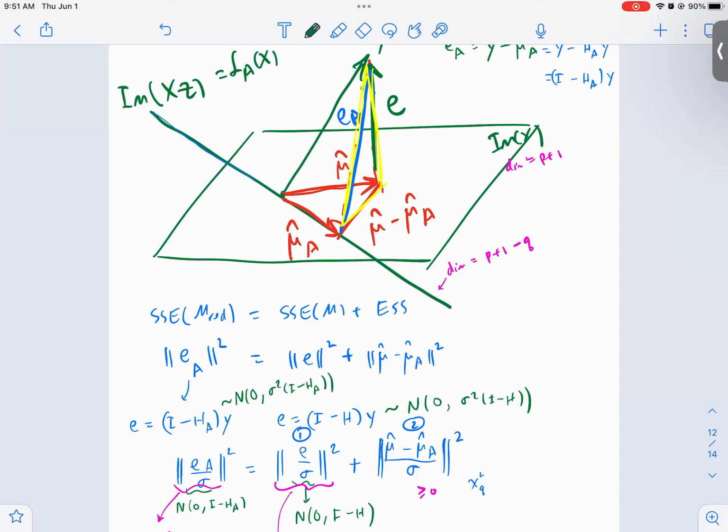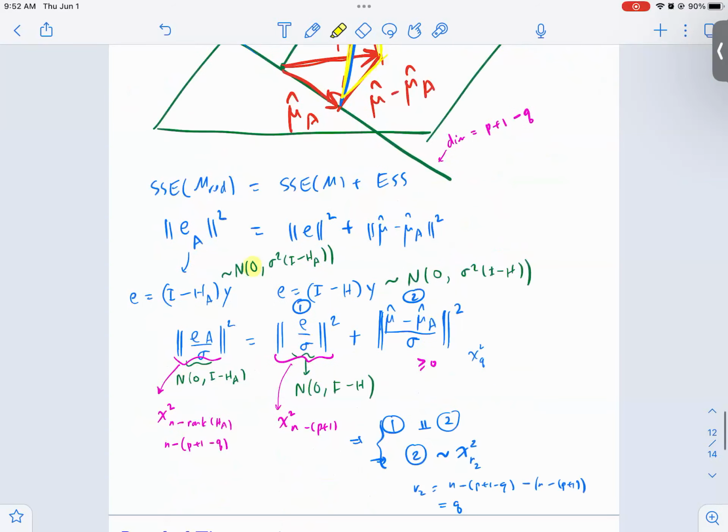The key point here is this 0, because we're under the null. And for E, we'll have the same: 0, sigma squared (I minus H). When I divide by sigma, I get rid of the sigma squared, so these are normal with mean 0 in the projection matrix. And so the norm would have a chi-squared distribution with degrees of freedom being the rank of the projection matrix. That's the result that we have.